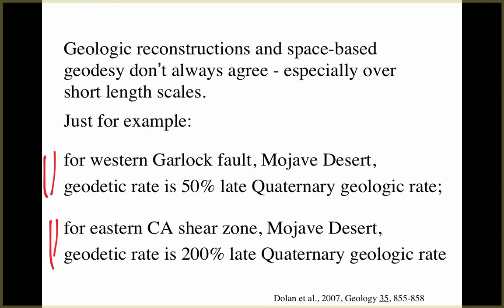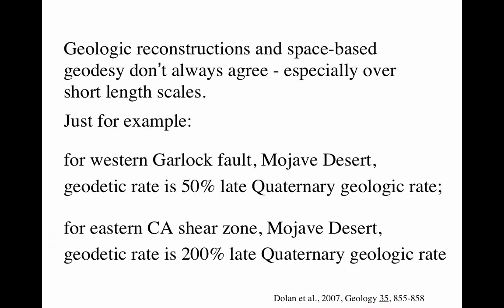In the Eastern California Shear Zone, the rate is twice the geologic rate. Presumably, we haven't seen complete earthquake cycles even over this million-year timescale in order to properly capture the long-term average motion on these faults and for these small-scale crustal blocks.